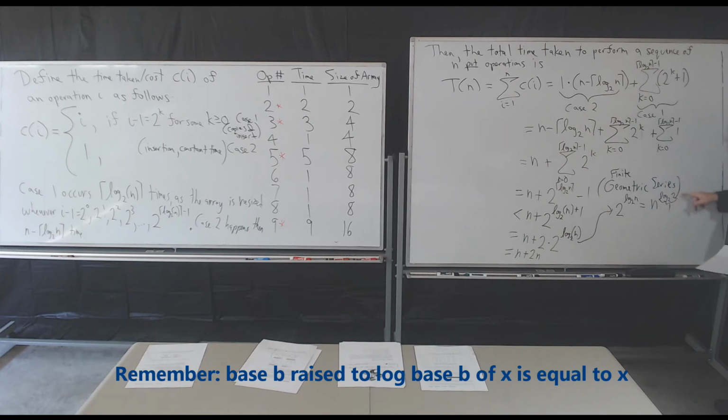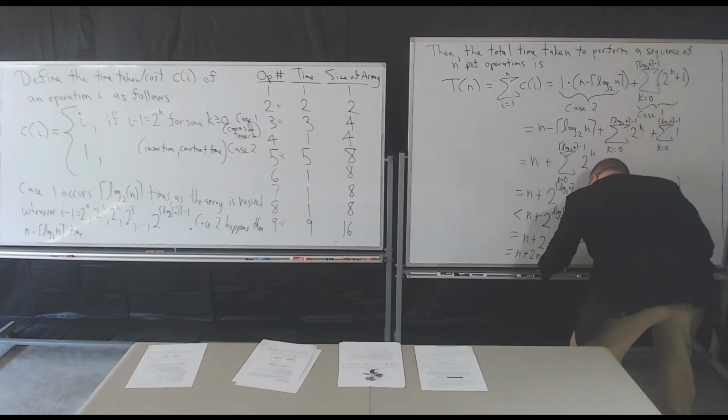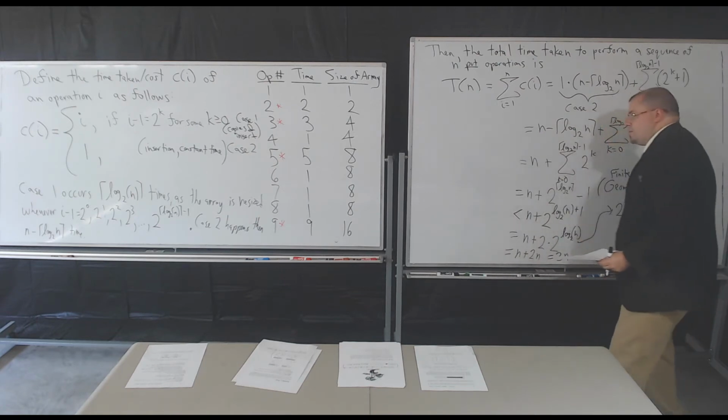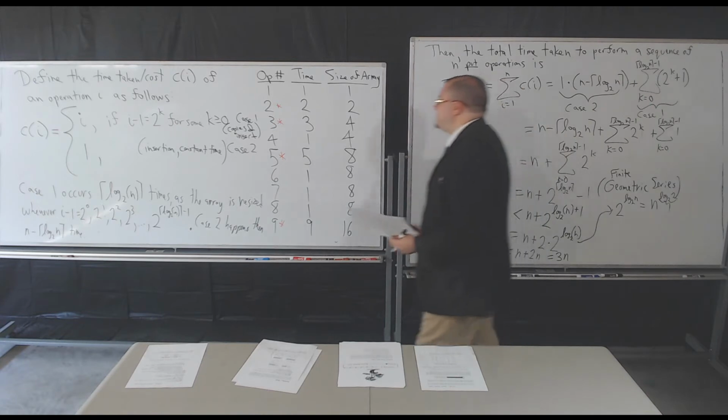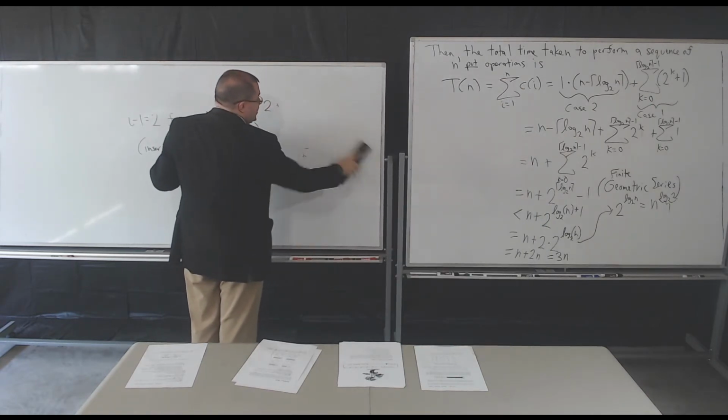So it's n to the 1, which is just n, right? But that's n plus 2n, which is equal to 3n. Whew, that's interesting. So now we know that T of n is at least 3n.